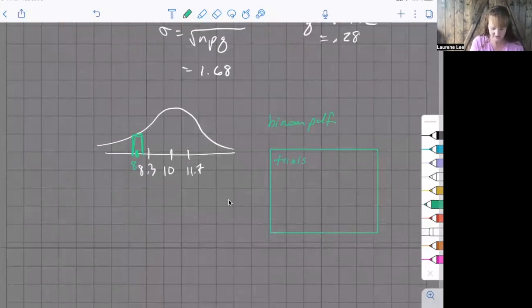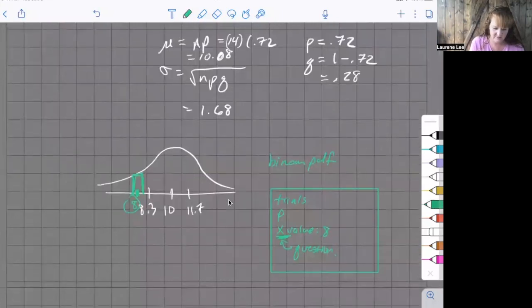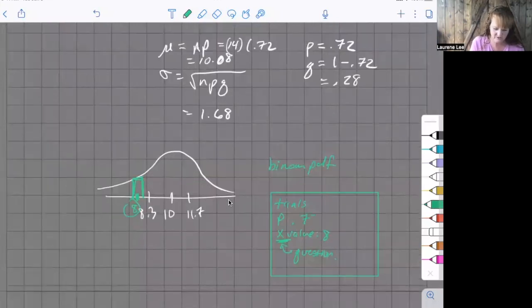And then it'll ask you the P value, and then it'll ask you the X value. The X value is the one that we're interested in. This is the value that the question asks you about. So that's going to be 8 in our situation. P is going to be our 0.72, and the number of trials is going to be 14. Okay, and then you hit paste, and you should get your value.